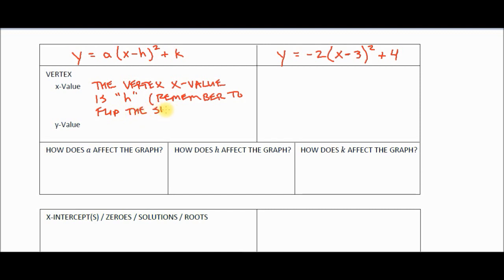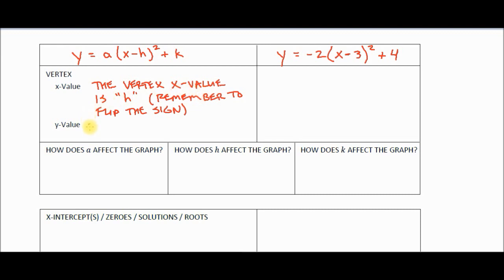Again, we'll repeat this for you. When you pull h out of the equation or put it back into the equation, you always flip the sign. And the reason why is because the equation already has a minus sign in it. That means the value of h will always be the opposite of what you see in the equation.